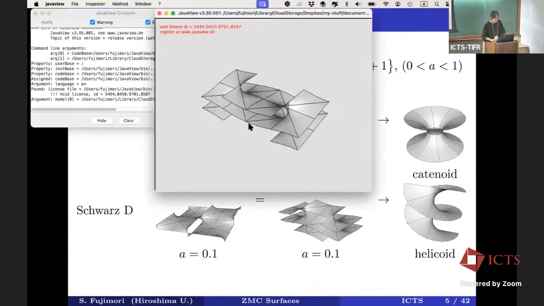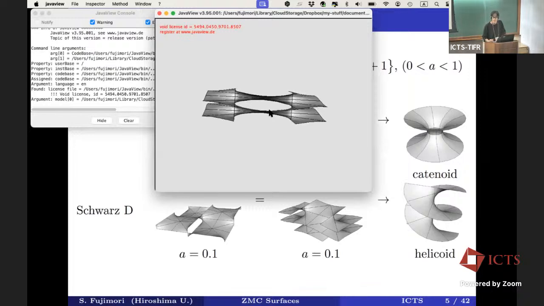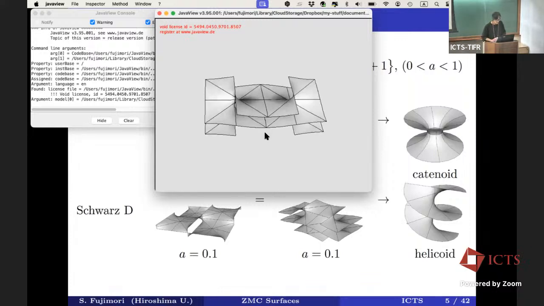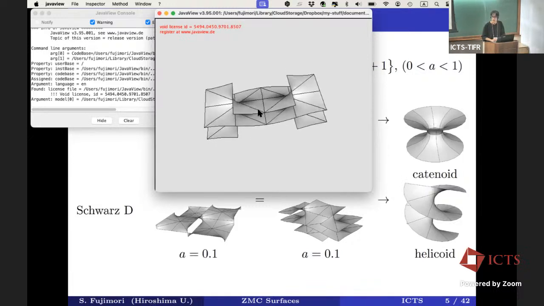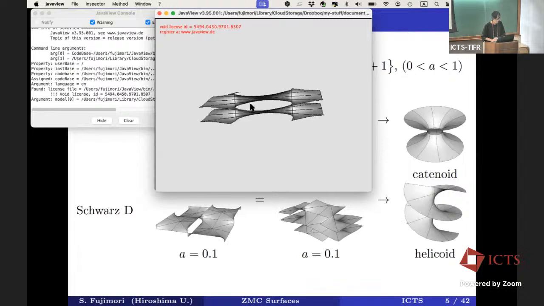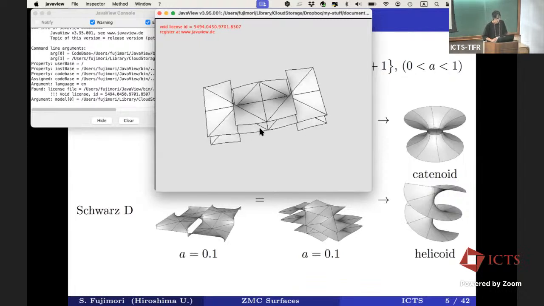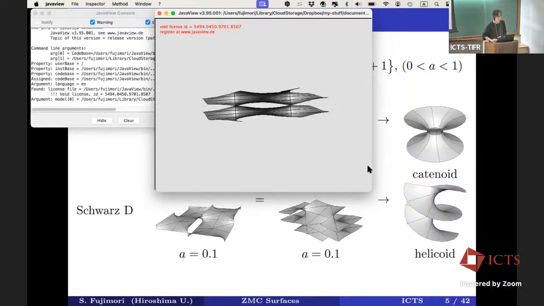So as we saw in the talk on Monday by Professor Kawakami, the surface looks like two helicoids connecting here, like a parking lot. And when A gets smaller and smaller, these two parts get far away. And finally, we have a helicoid. So as a limit, we have helicoid and catenoid.